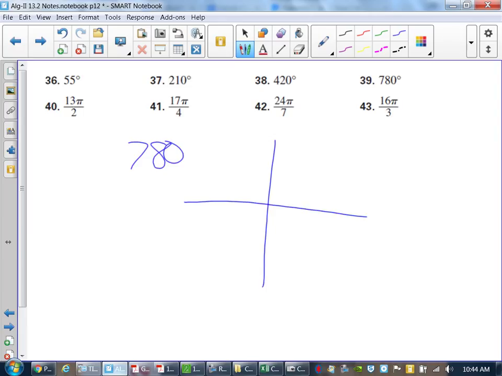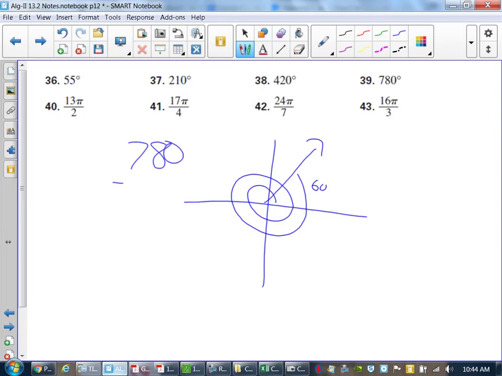780 degrees is 2 full revolutions. I did that last time. I was like, oh, it turns around twice. That's 720. So if you back this out, we know that here's 360, here's 720. What's left? 60.